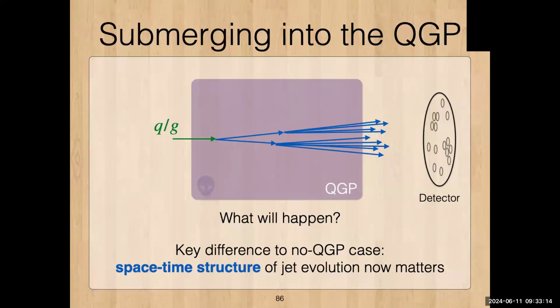So instead of just splitting by itself, we put it in a liquid and it develops inside the liquid. There's a key difference to the no-plasma case: space-time structure is important. We cannot just stay in one space and calculate everything. We really need space and time, because the temperature is rapidly dropping as a function of time, and things will change.